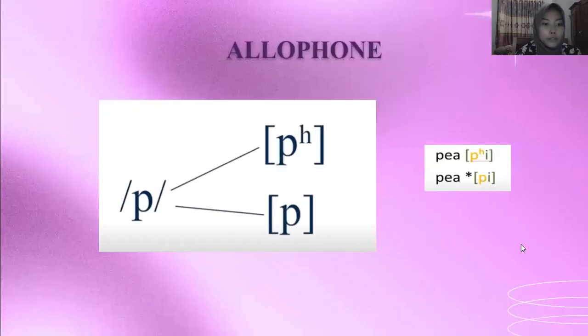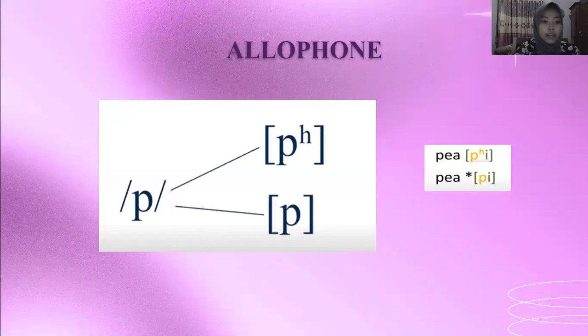Yes, to give you a clear explanation about what allophone is, I provide an example here from the phoneme p, which has allophones that are aspirated p and unaspirated p, for instance. The word pin, which we usually say as p with aspiration.